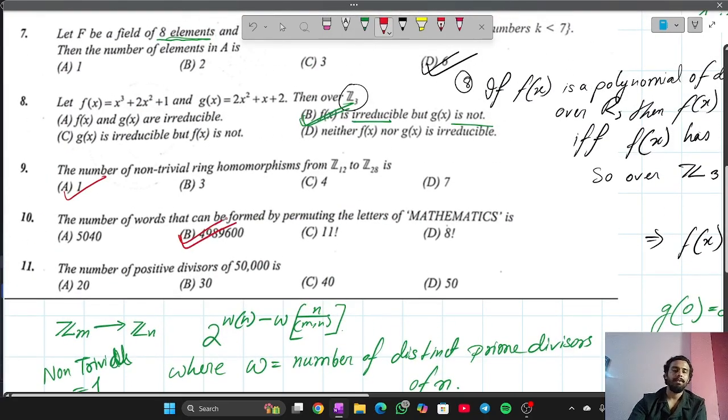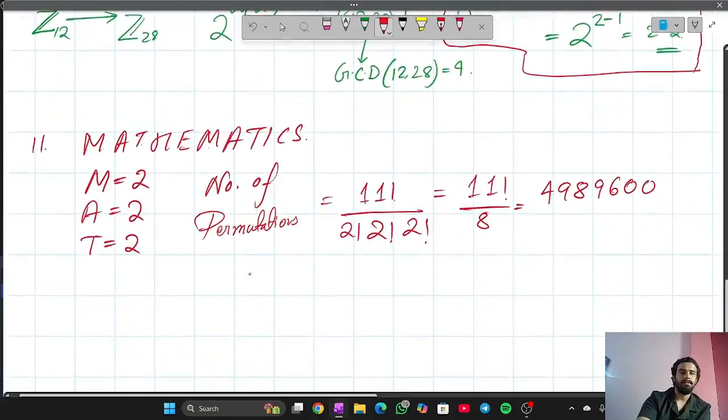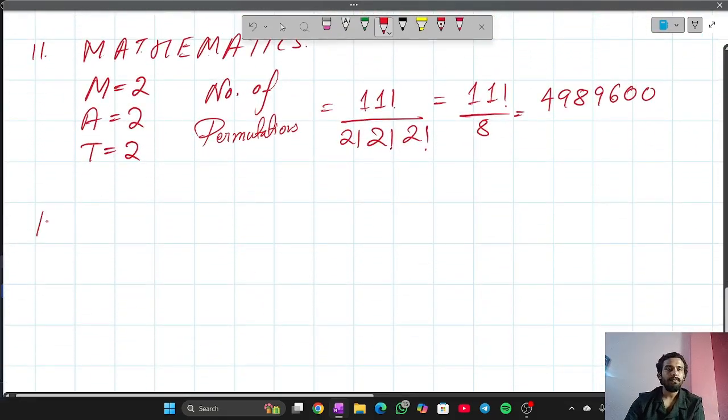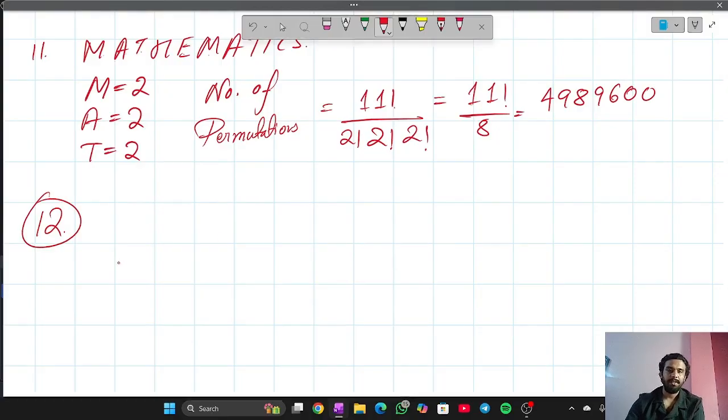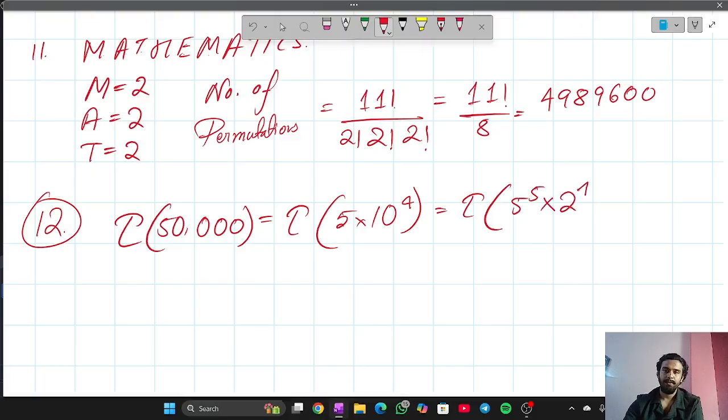And lastly, the number of positive divisors of 50,000. To find the number of positive divisors of 50,000, tau of 50,000 is equal to tau of 5 into 10 to the power 4, which is equal to tau of 5 to the power 5 into 2 to the power 4.